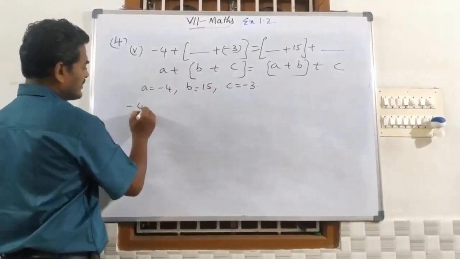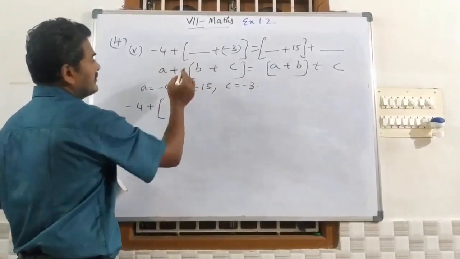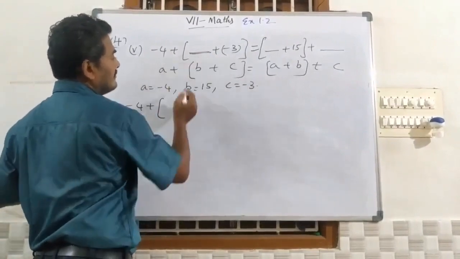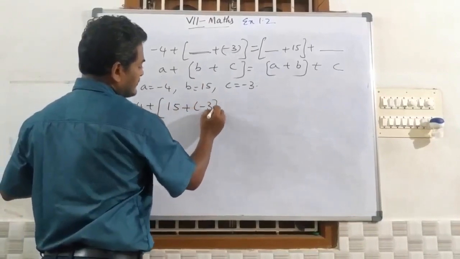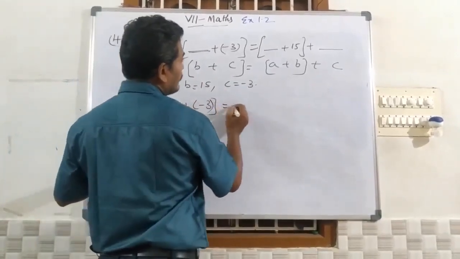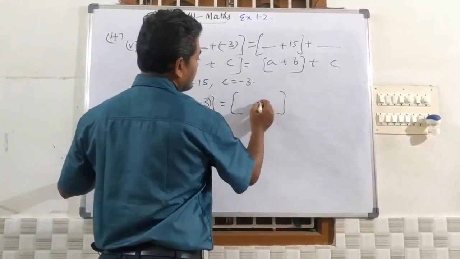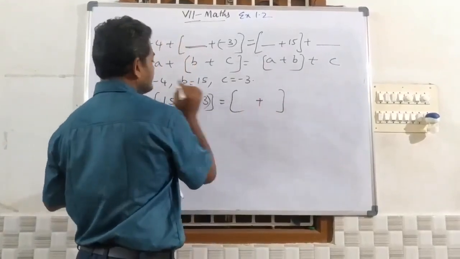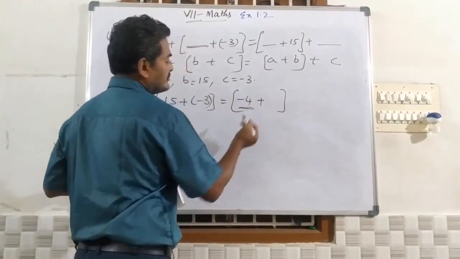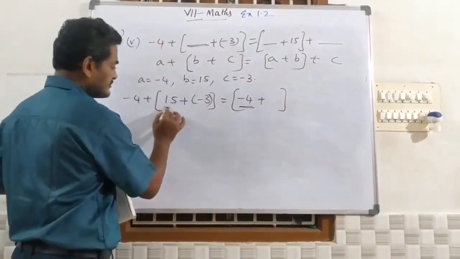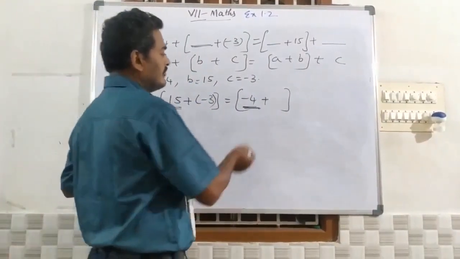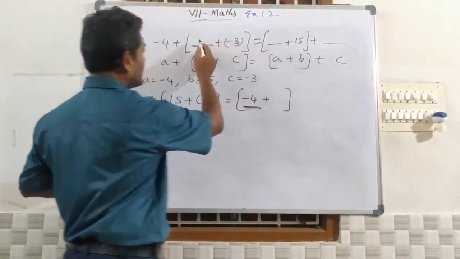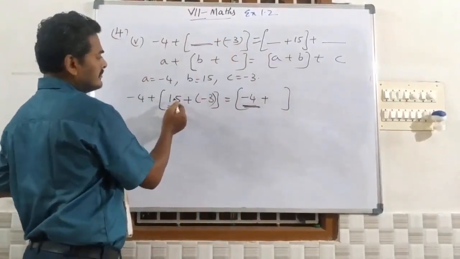Now minus 4 plus, in this blank what can we fill? The B value is 15, plus minus 3, equals, in this blank the A value is minus 4. This is the blank, this also a blank.